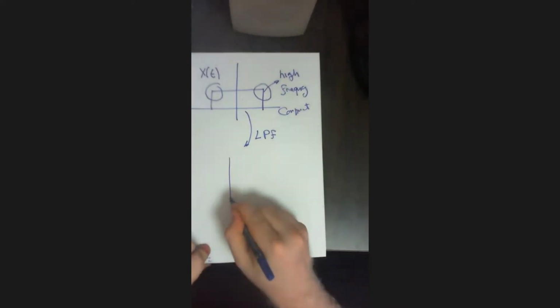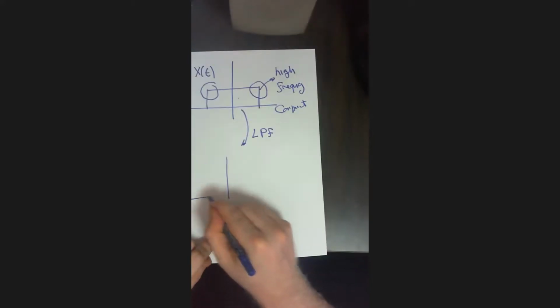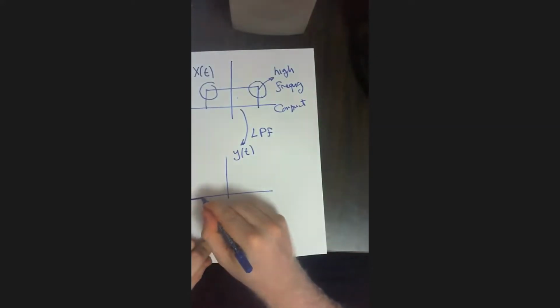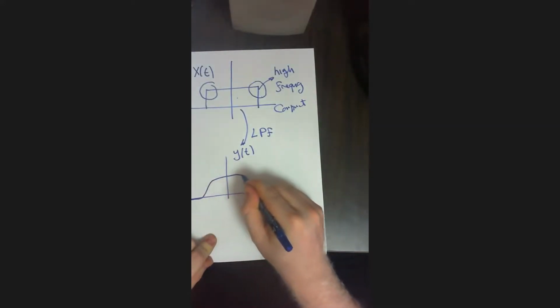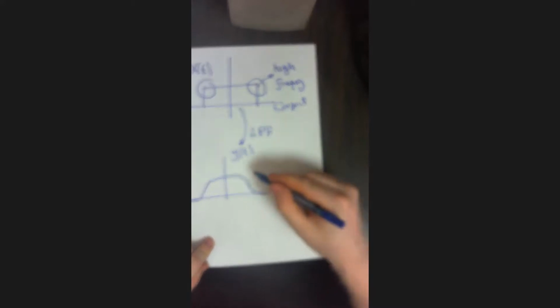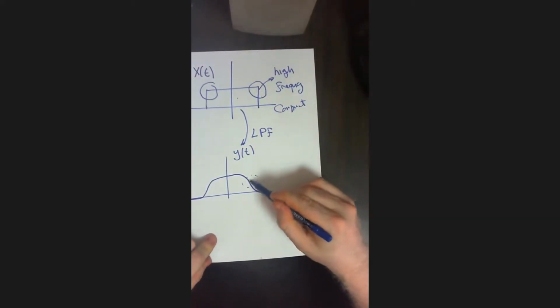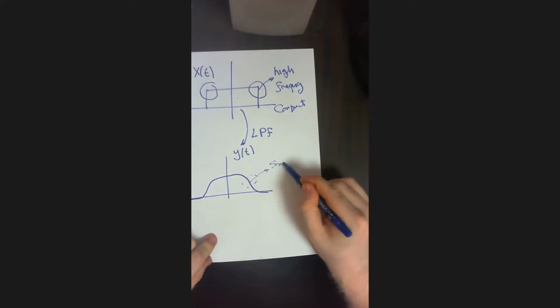Whenever you get rid of this high frequency component, you should expect a time domain signal in this manner. As you can see, these sharp edges turn into smooth edges because now you exclude the high frequency component.